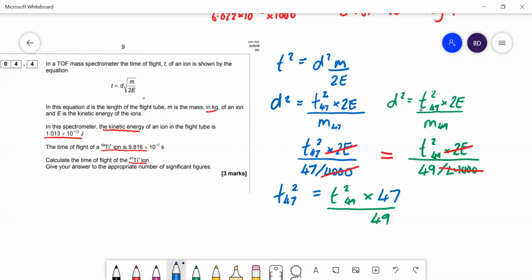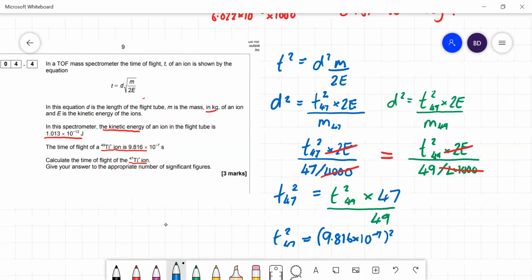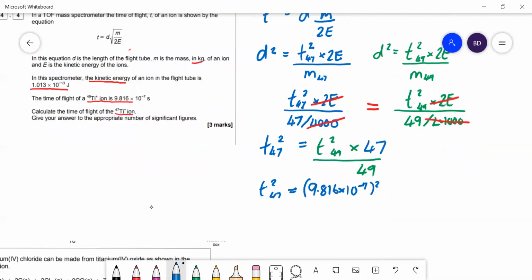So put the numbers into there. They give us the time of flight for the 49. That is 9.816 times 10 to the minus 7 squared, multiplied by 47 divided by 49.